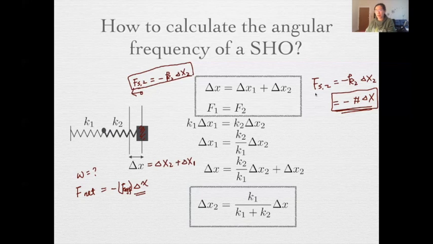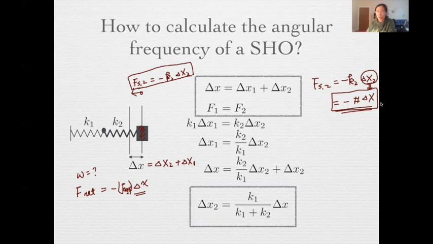But now from physics, I only know that the spring force is negative K2 times delta X2. So I need to do a little bit of work to convert my delta X2 to delta X. And this is how I'm gonna do it. You don't need to memorize all the derivation steps. I just want you to follow the logic and know the final result.